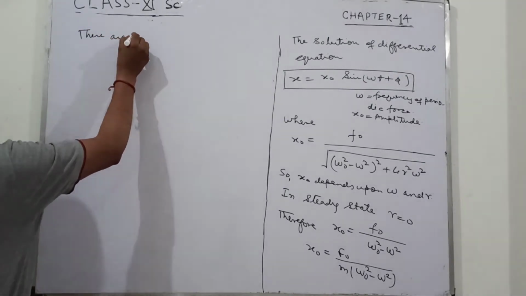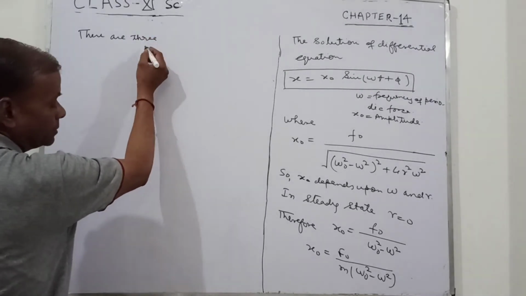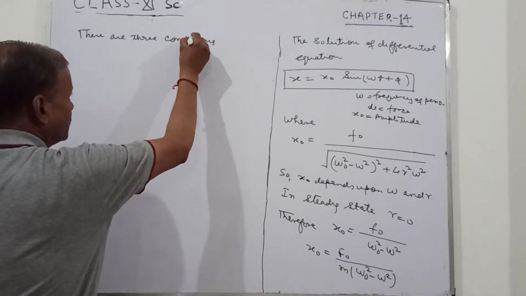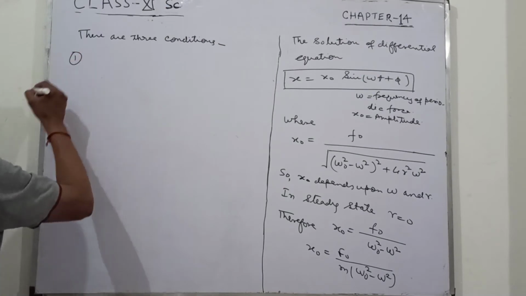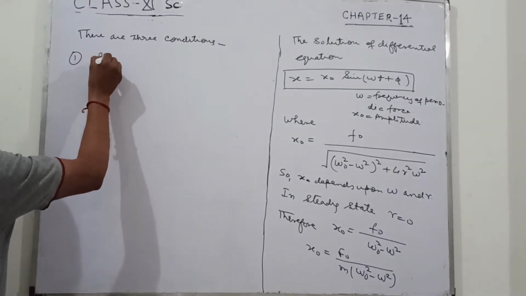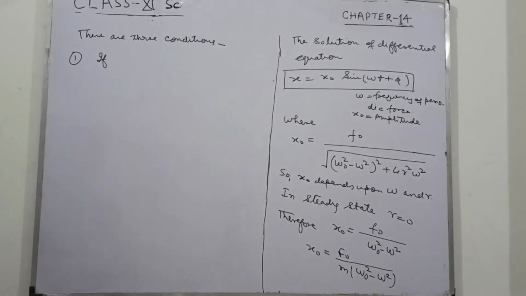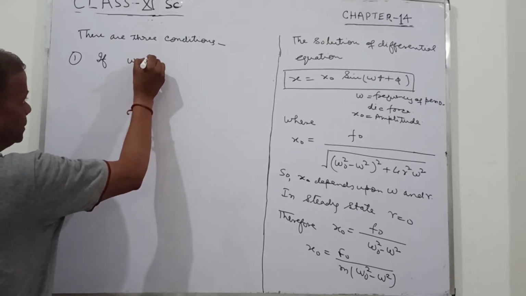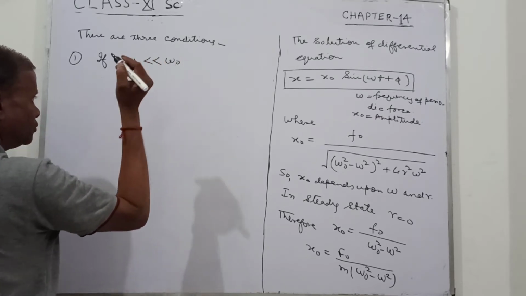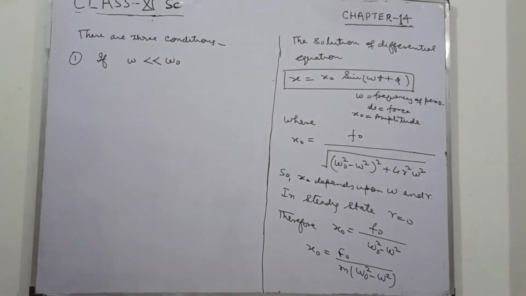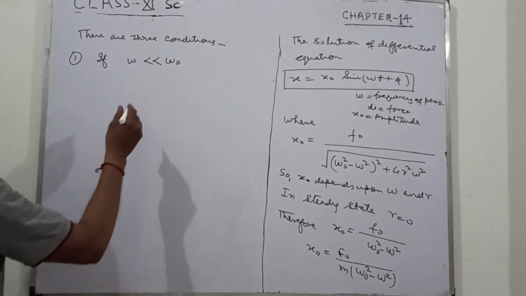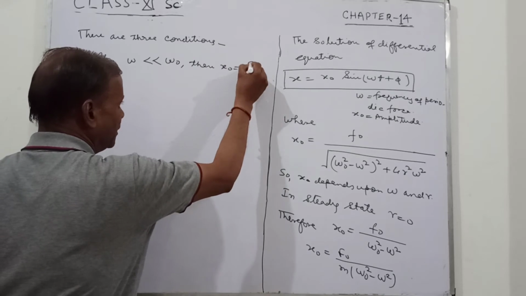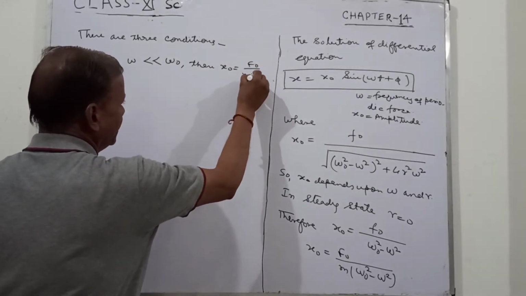There are three conditions. Number one, if omega is very much less than omega naught, that is, omega naught is very high, then x naught equals f naught upon omega naught square, or F naught upon m omega naught square.